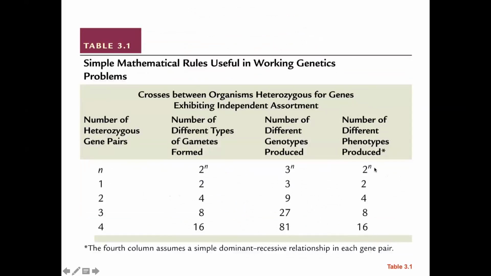So the formula that predicts the number of phenotypes in that F2 population, assuming dominant recessive alleles and independent assortment, would be 2 raised to the nth power, where n again is equal to the number of heterozygous genes within that particular genotype. So if you had 10 different genes, it would be 2 raised to the 10th power with regard to the total number of different phenotypes you'd observe among the F2 progeny.